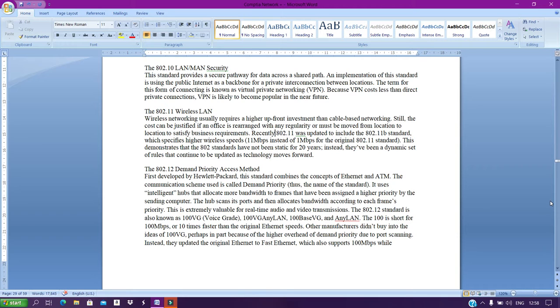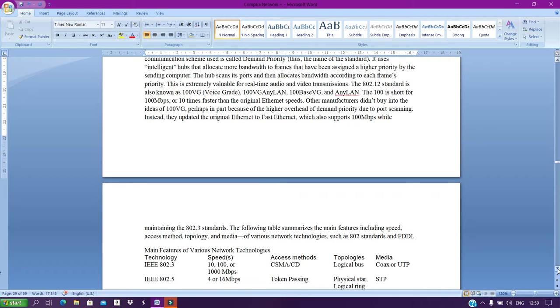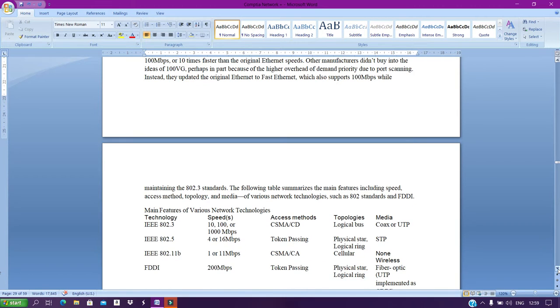Other manufacturers didn't buy into the ideas of 100BaseVG, perhaps in part because of the higher overhead of demand priority due to port scanning. Instead, they updated the original Ethernet to Fast Ethernet, which also supports 100 megabits per second, while maintaining the 802.3 standards.